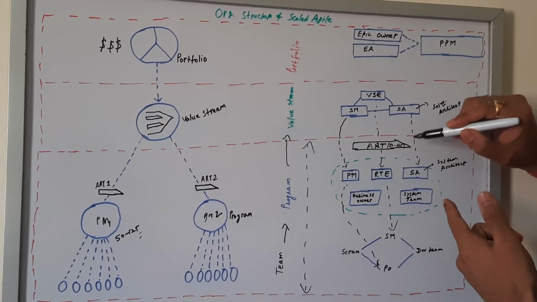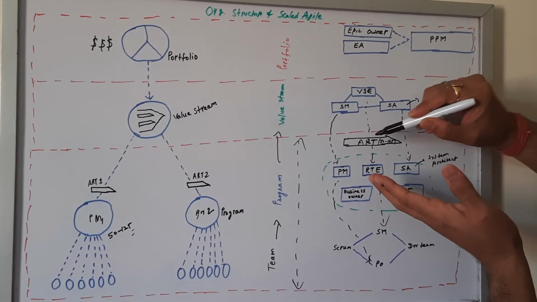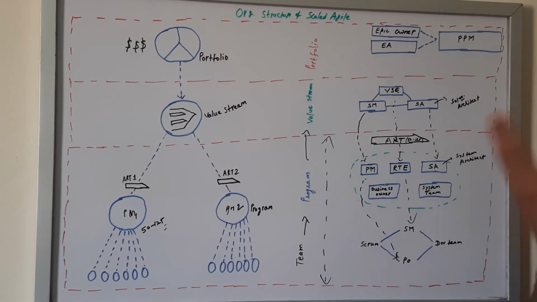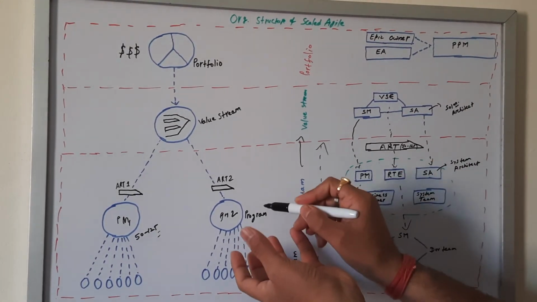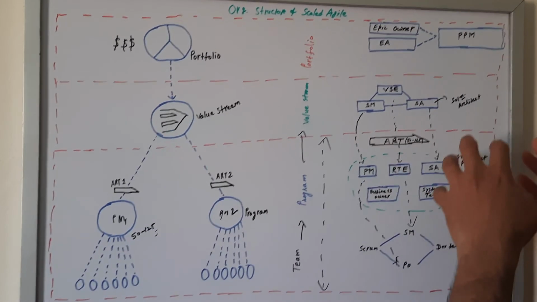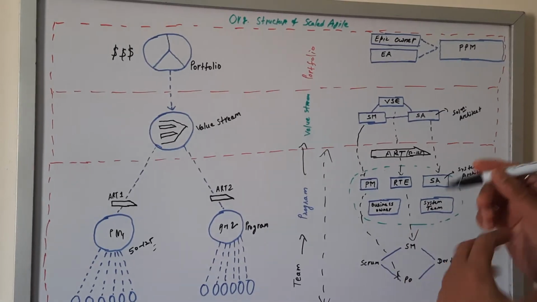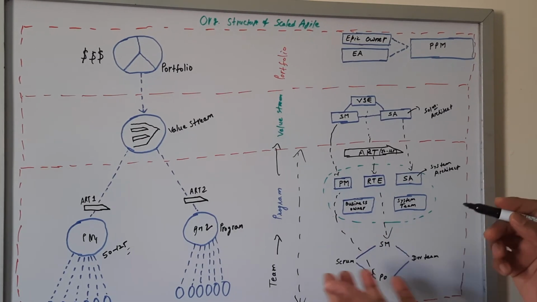And to be clear, the maximum number of team members in one Agile Release Train should be under 125. If you have 200 team members, you have to create one more program level, which means you have to create one more Agile Release Train. So at program level, we talk about Agile Release Trains.